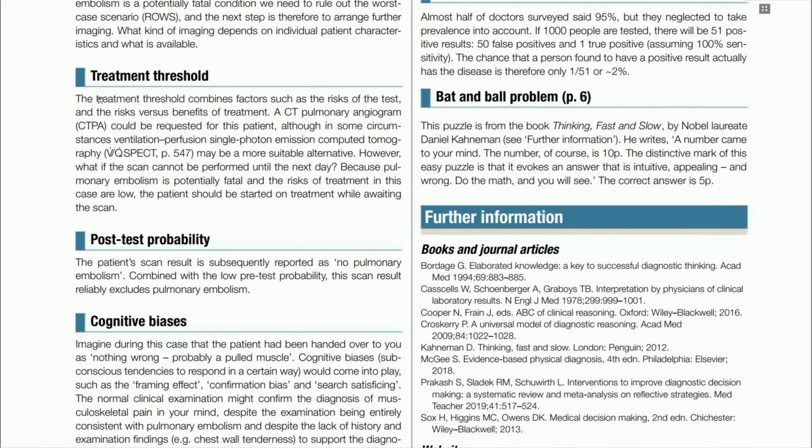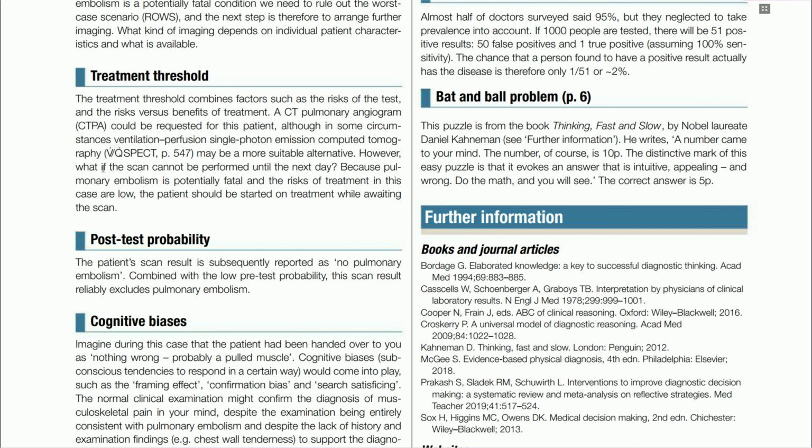Treatment threshold. The treatment threshold combines factors such as the risks of the test and the risks versus benefits of treatment. A CT pulmonary angiogram (CTPA) could also be requested for this patient, although in some circumstances, ventilation perfusion single photon emission computed tomography, V/Q SPECT, page number 547, may be a more suitable alternative.